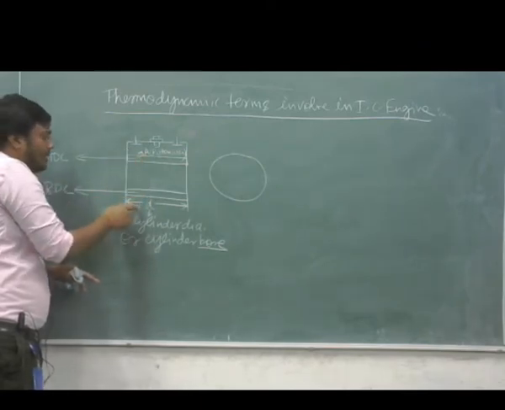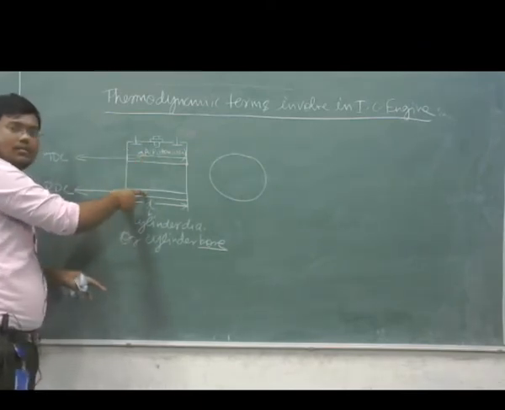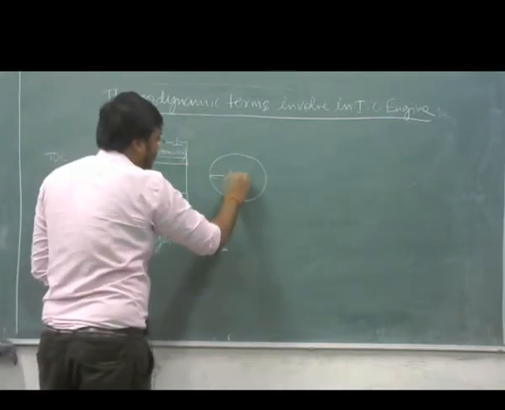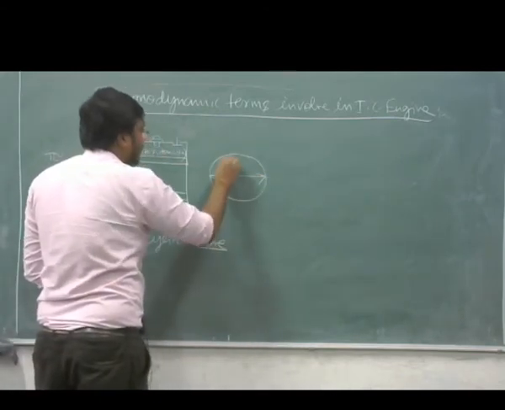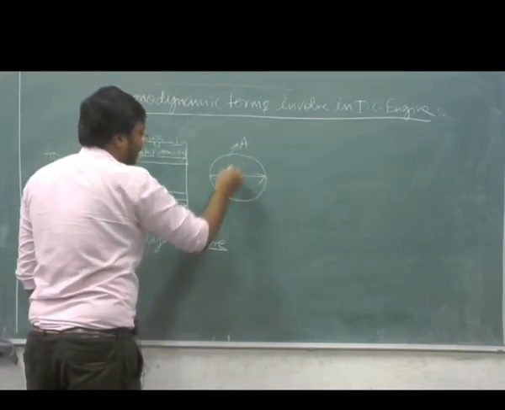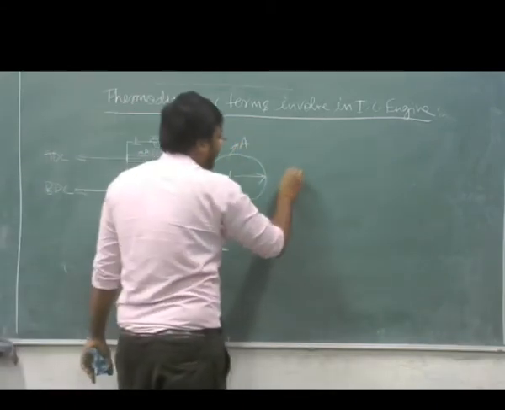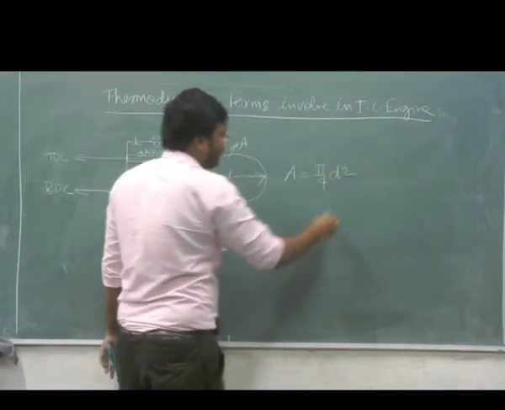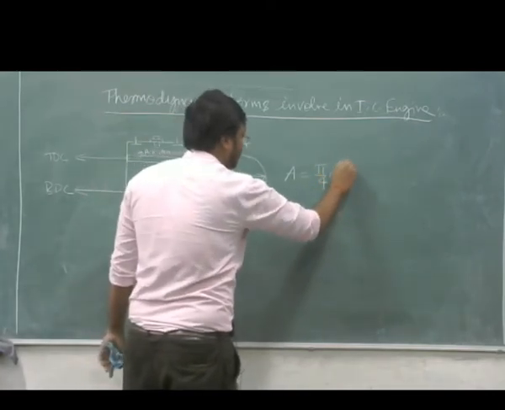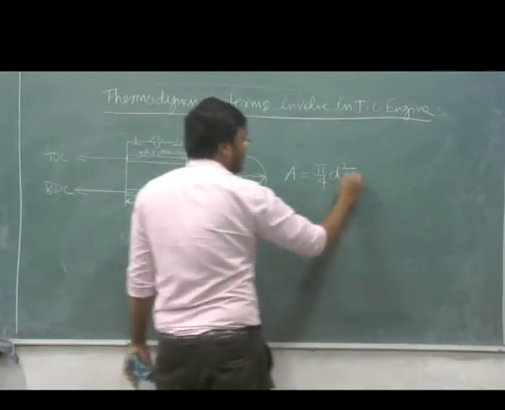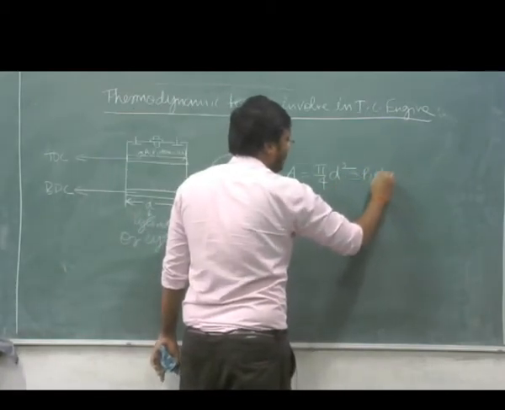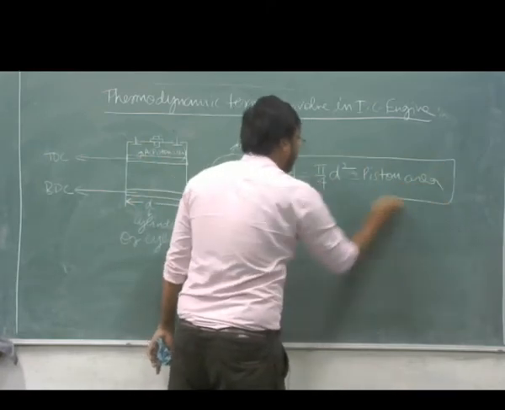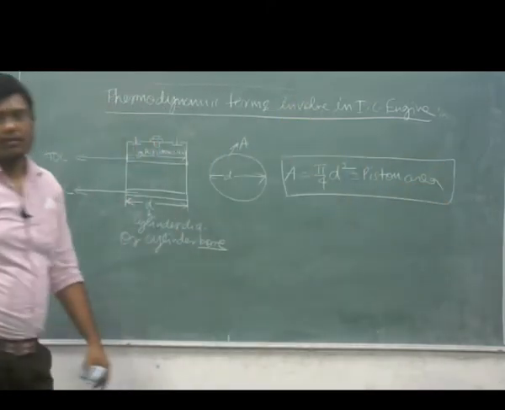So the diameter of the piston is also d, and the area is A. The area A is equal to pi by 4 d square. This is the piston area.